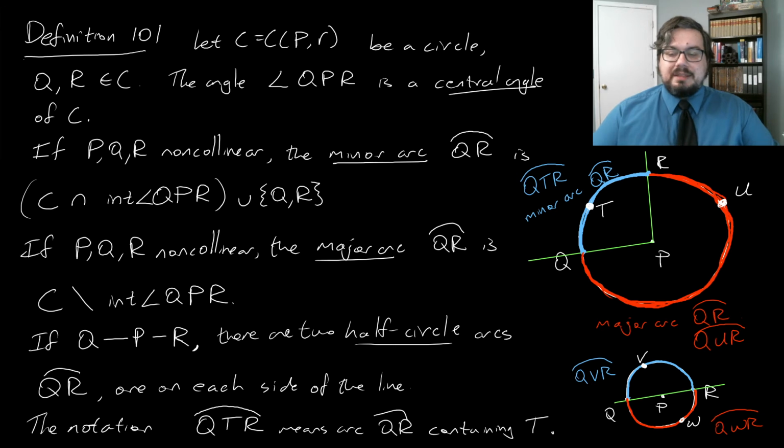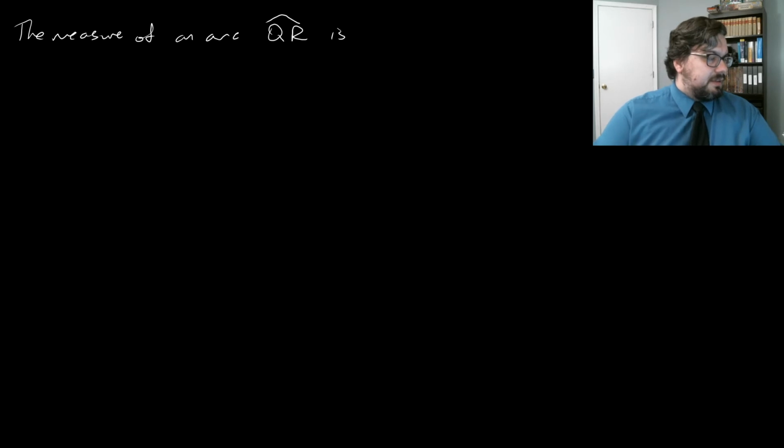All right, now the next thing we want to do is to define measures of arcs, because it's going to turn out that measures of arcs and measures of angles are going to be connected to one another. The measure of an arc QR is given with the following formula.